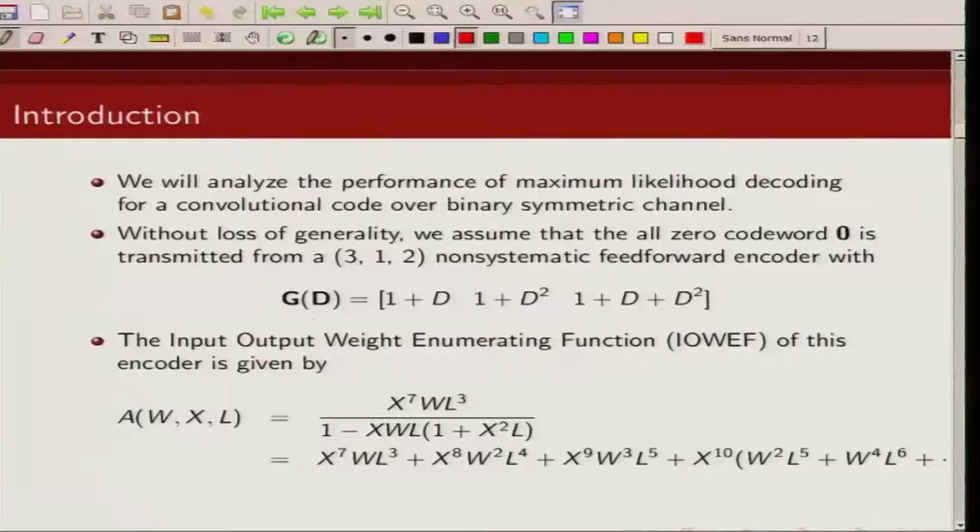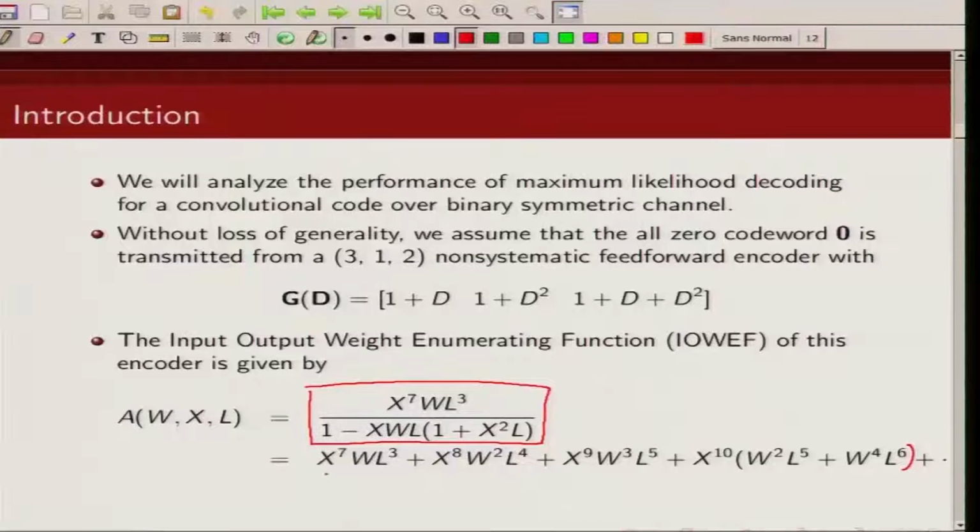For this particular example, the input output weight enumerating function is given by this expression, which we can expand by dividing this by this. So, we will get our terms.